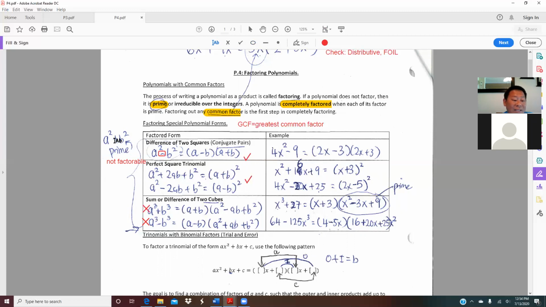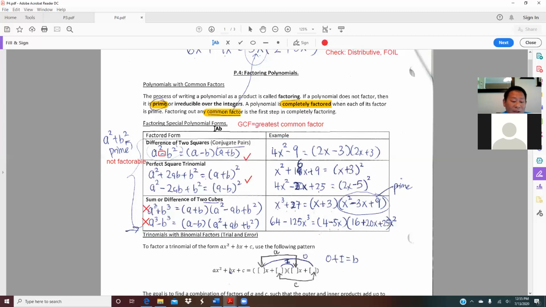When this is plus, you cannot factor it, and your answer is still going to be the same thing, a squared plus b squared. For example, if I change this to 4x squared plus 9, and I say factor 4x squared plus 9, your answer is either prime or 4x squared plus 9, meaning that you cannot factor it.